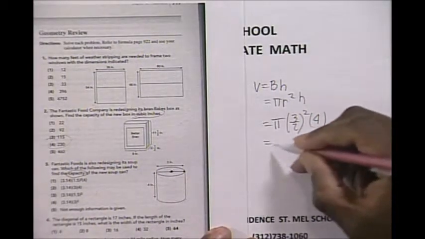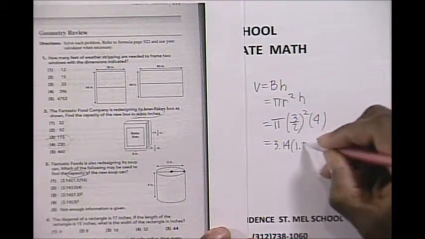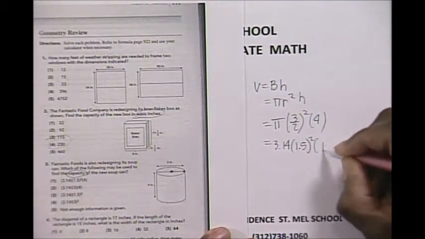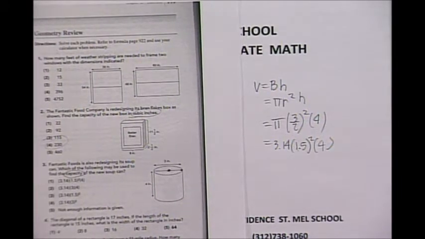They just want you to put it in a form right before you would put it in the calculator. So you'd end up with pi, which is 3.14, times 1.5 squared times 4, and you'd acknowledge that that would be number 1. All these are problems that you would find on the GED test or even an ACT test or something like that.